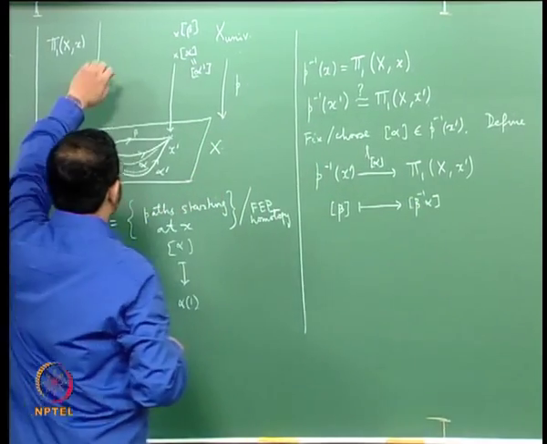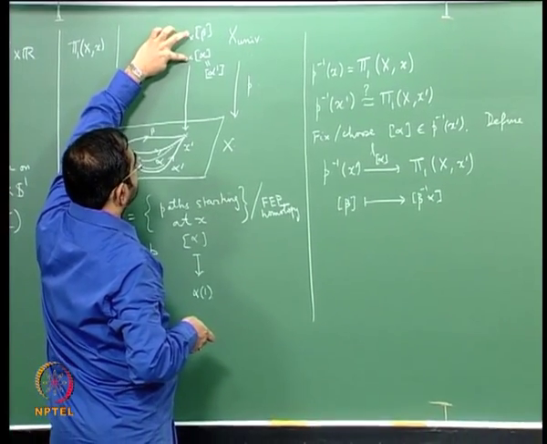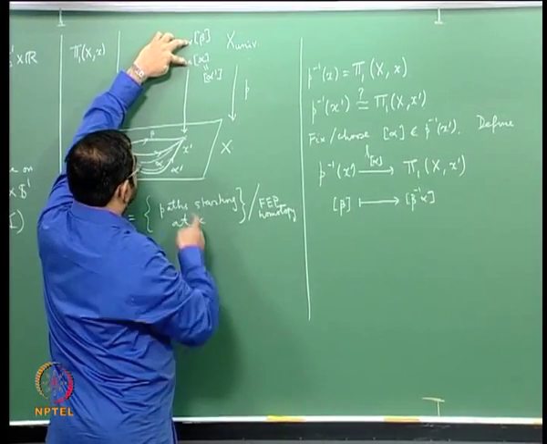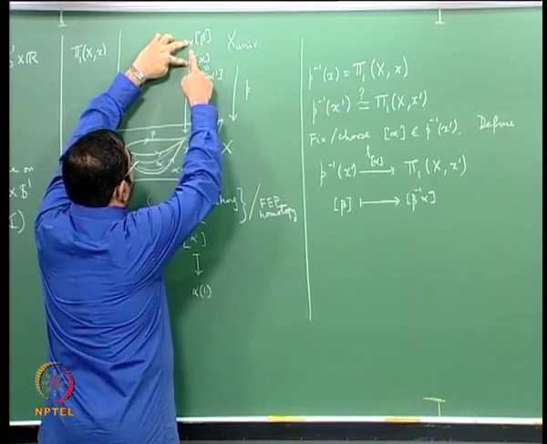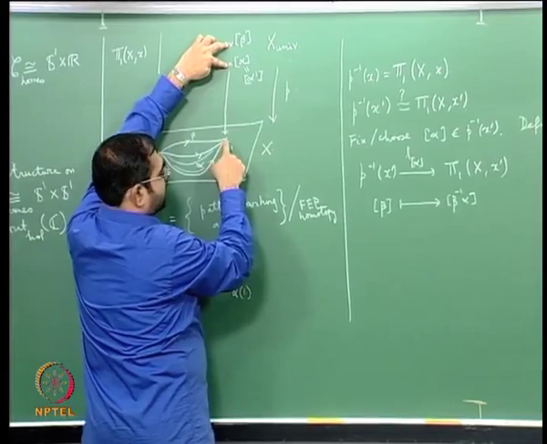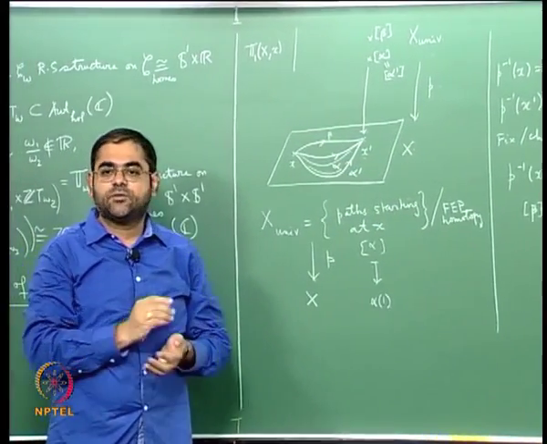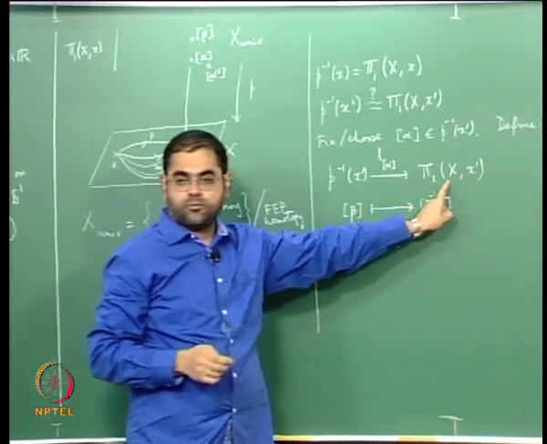So try to understand this, I have fixed this alpha and given any beta, I am going to take beta inverse alpha. That means I am going to go like this and then I am going to go back by alpha. That is going to give me a loop at x prime, and therefore its homotopy class is going to give me an element of the fundamental group based at x prime.